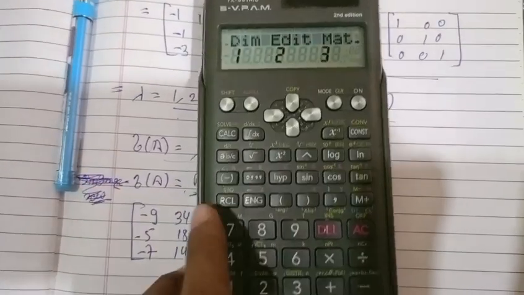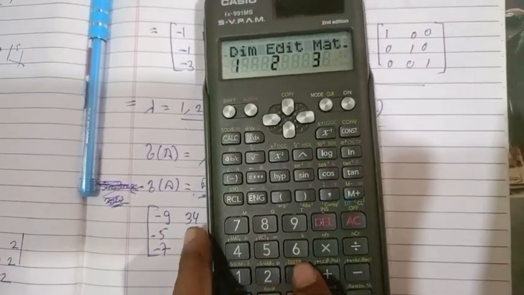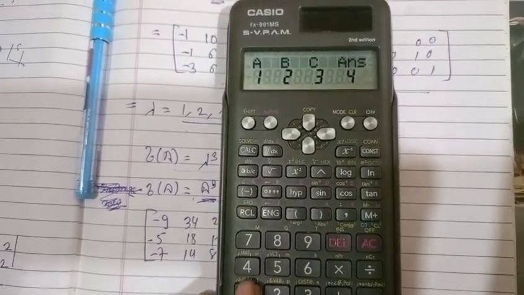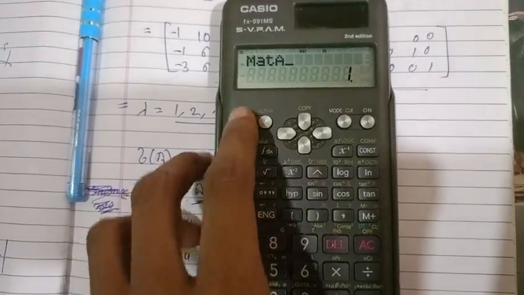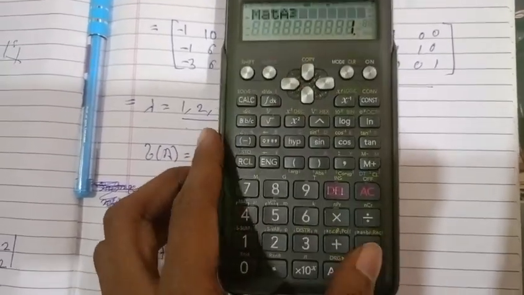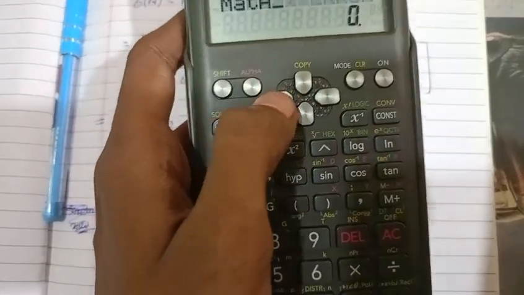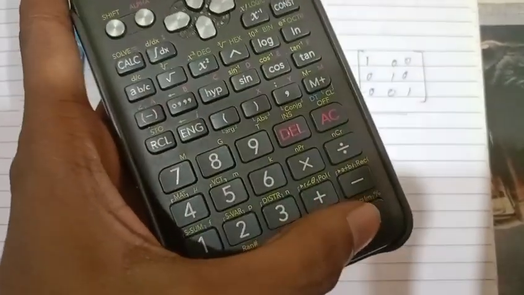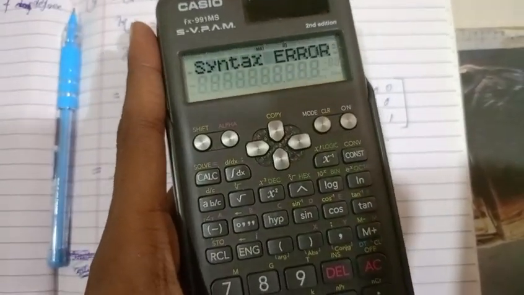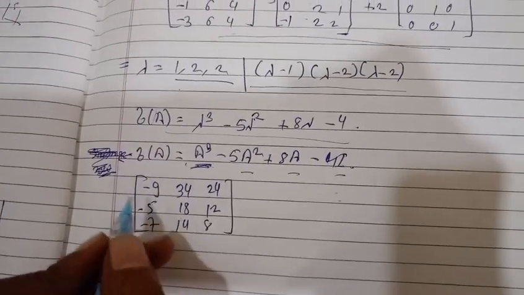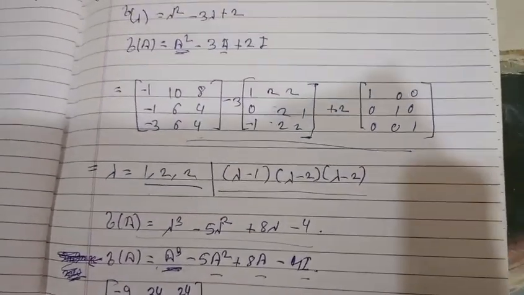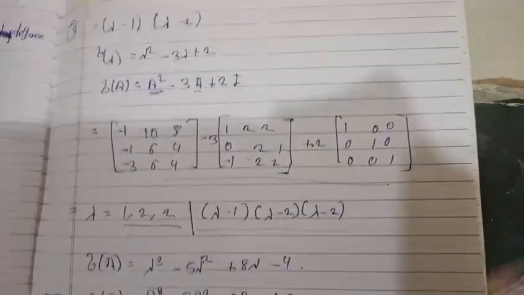First of all, I explain how to calculate the square. For example, first a, simply shift cube, and then equals. Sorry, a cube shift, yeah, sorry, just time waste.